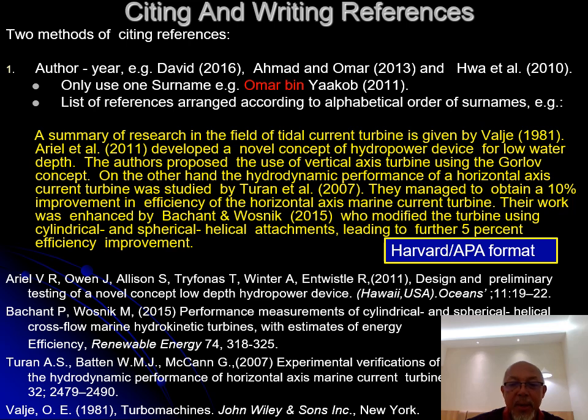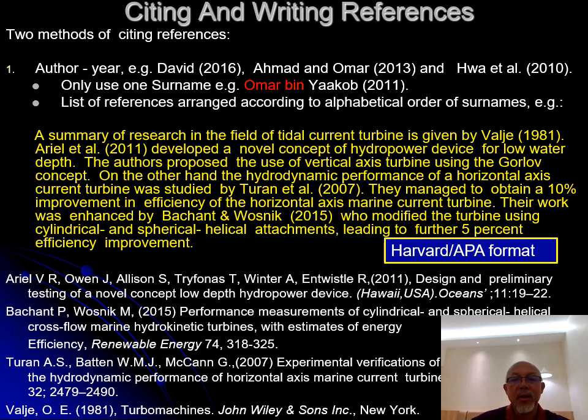So Harvard, APA or Vancouver or Chicago and so on, IEEE. But essentially there are only two types. Mainly, one is author year. That means you have like David 2016, Ahmad and Omar 2013, or 2030. That's one. The other one, of course, is the number in bracket.